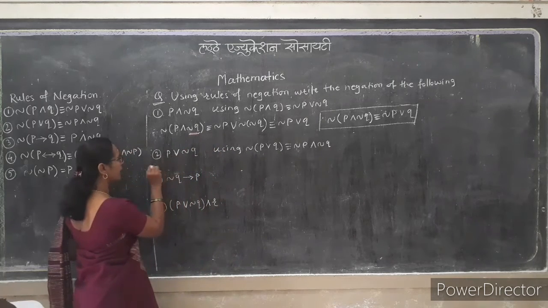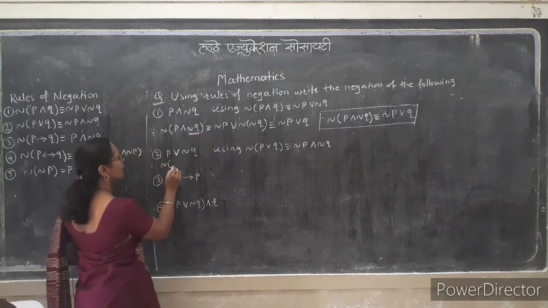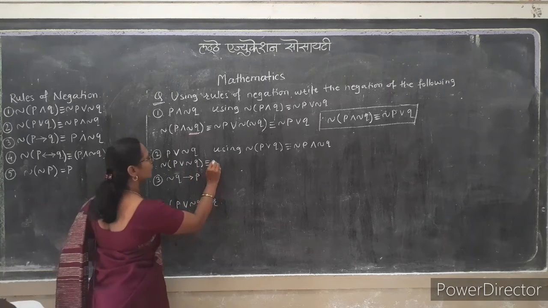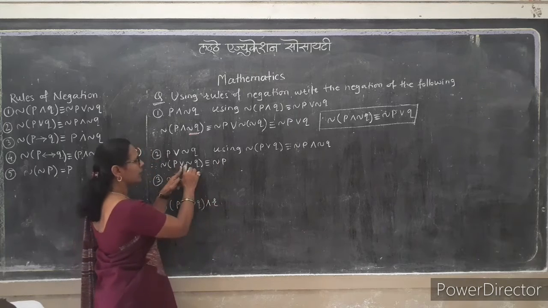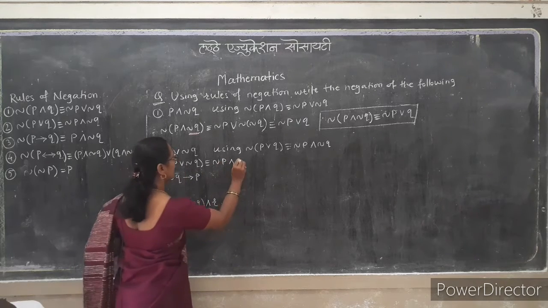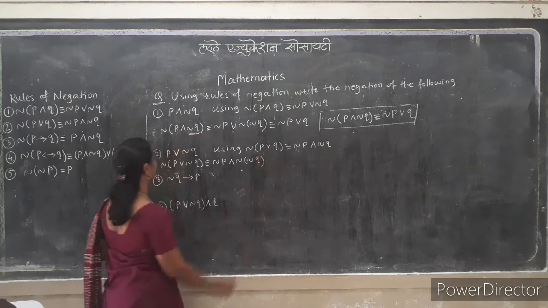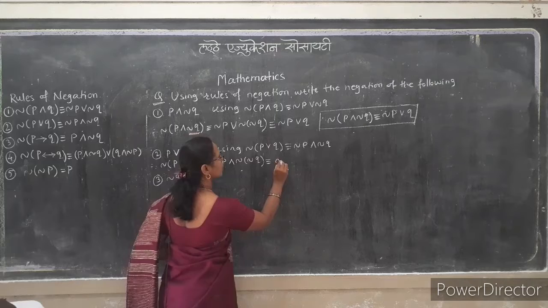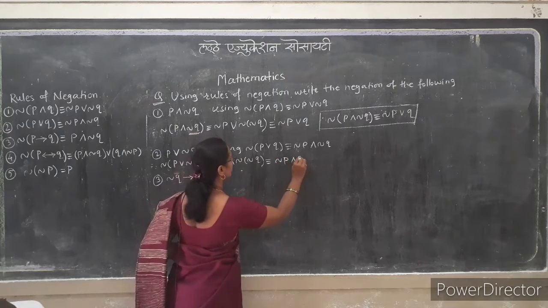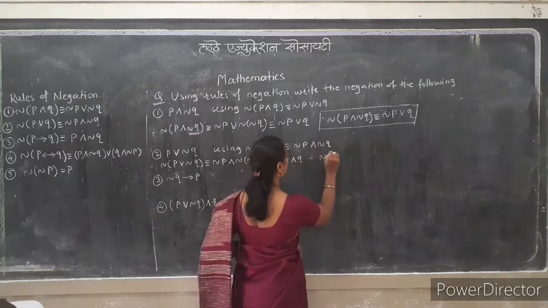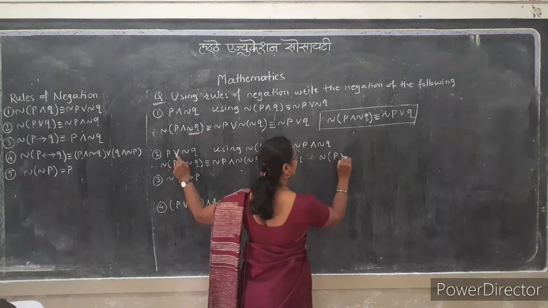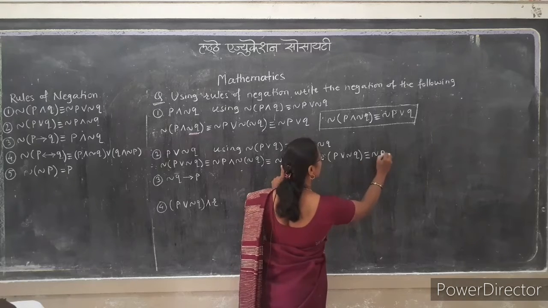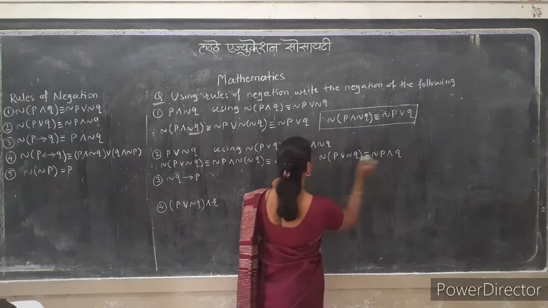Therefore we take the negation of the given statement. ¬(P ∨ ¬Q) is logically equivalent to ¬P, with the disjunction replaced by a conjunction, ∧ ¬(¬Q). The negation of negation Q is Q, so this is logically equivalent to ¬P ∧ Q, and therefore we say that ¬(P ∨ ¬Q) is logically equivalent to ¬P ∧ Q. This is our negation.